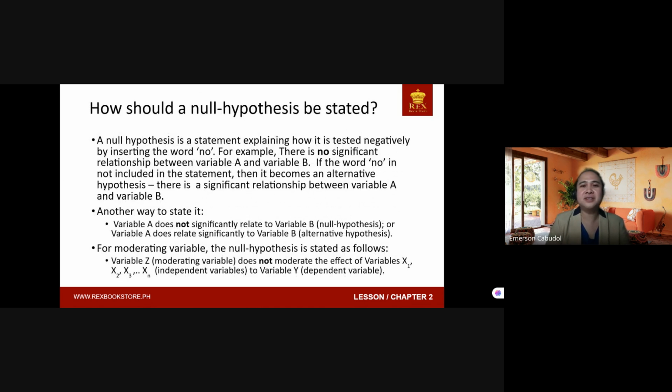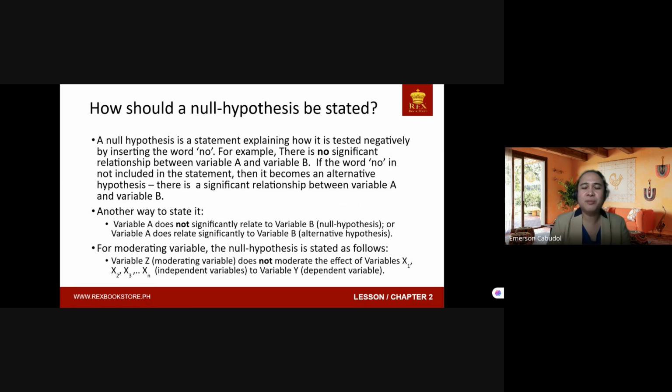A null hypothesis states that there is no relationship or effect between variables. It is designed to be disproven through statistical testing. For example, there is no significant relationship between employee satisfaction and productivity. The alternative hypothesis, conversely, claims there is a relationship. To wit, there is a significant relationship between employee satisfaction and productivity.